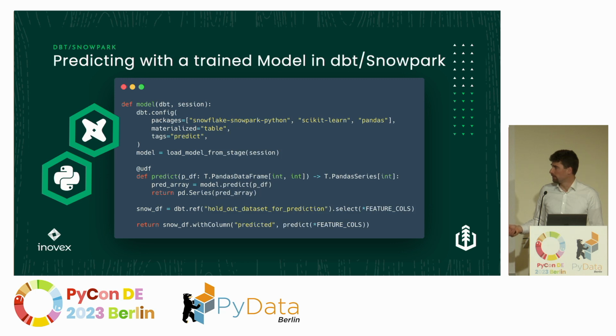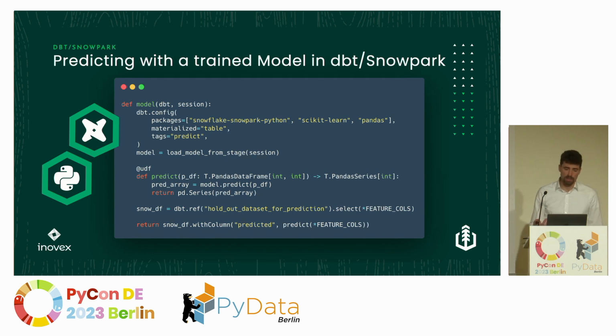So it's really simple. Now to apply this UDF, we reference the holdout data set for prediction, select the feature columns, and we have a Snowpark data frame. This looks like PySpark syntax, but it's actually Snowpark, because the API is really much the same. So we add a new column, predict, and call the UDF using our feature columns.